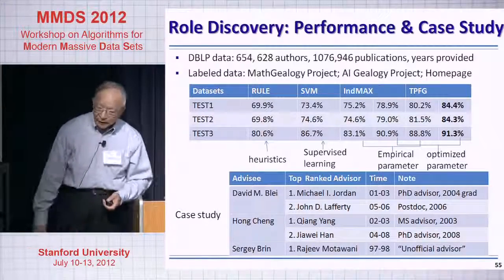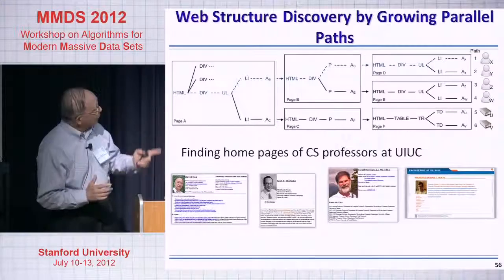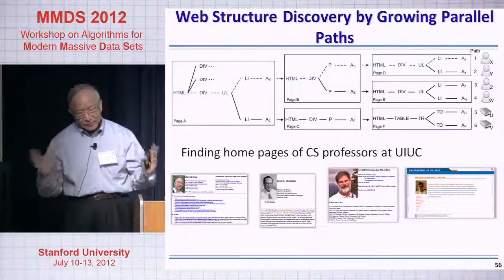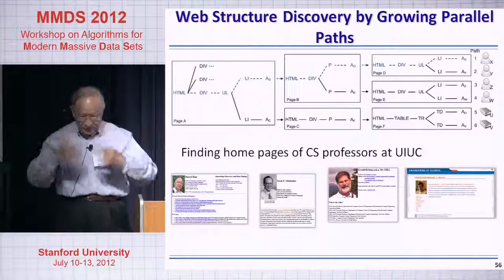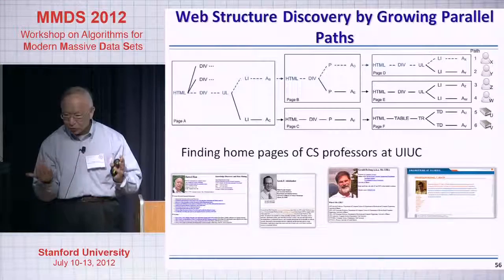Another interesting thing is how to get this network structure: you go to the web. Most people think finding structure on the web is almost impossible, because people can create web pages and link so freely.